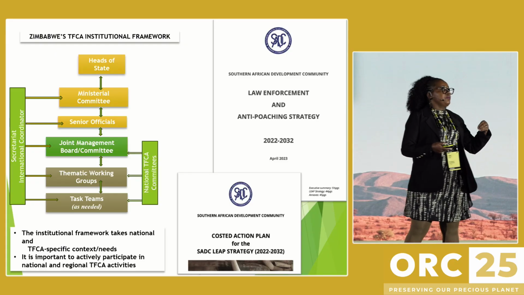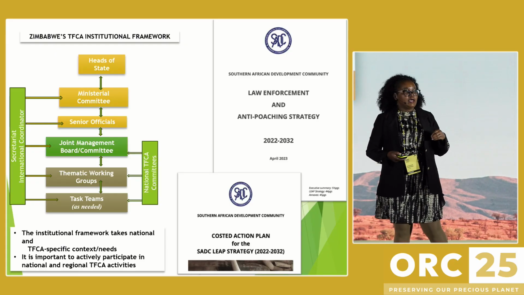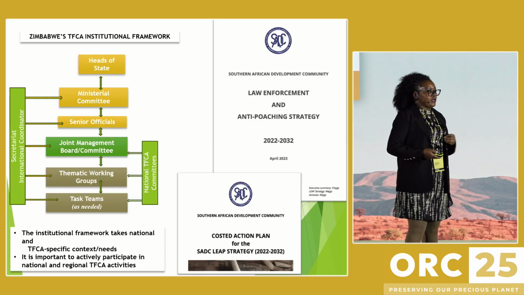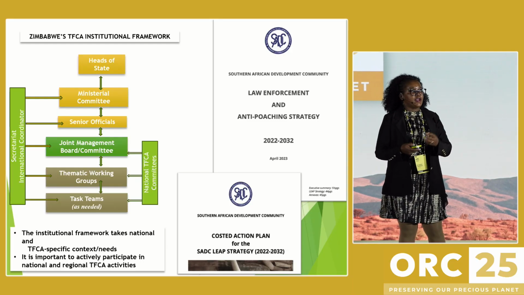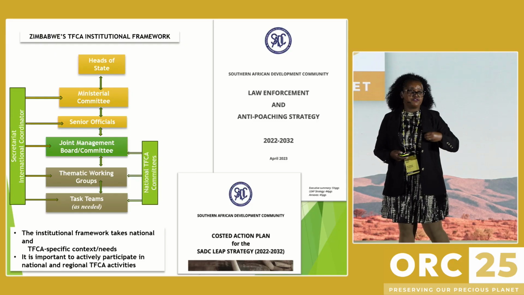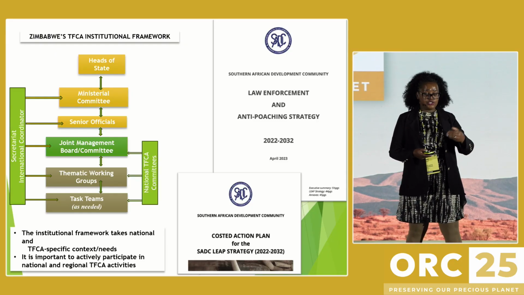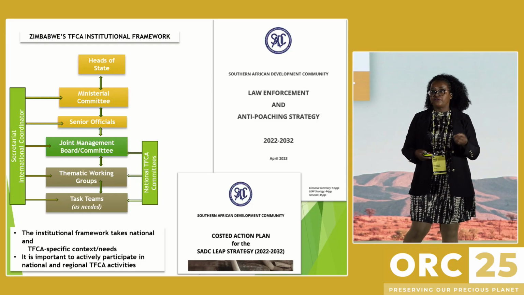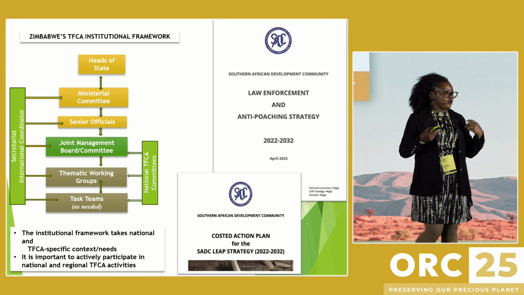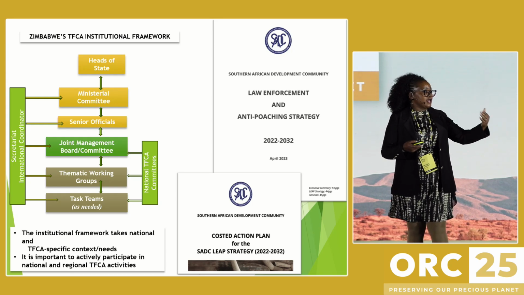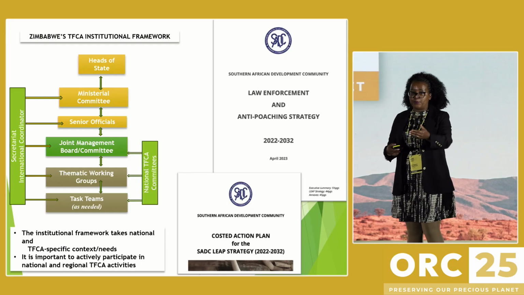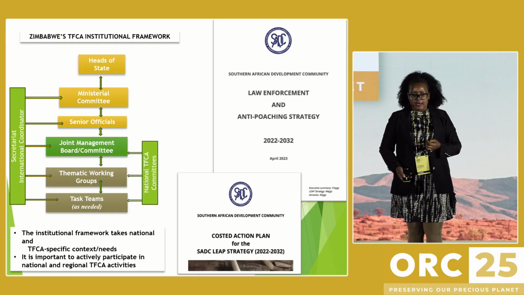But we need to always be asking ourselves and reflecting: what is it that we are doing? How is the institutional infrastructure framed in such a way that we are able to effectively meet our national and also regional obligations? We've got the approved SADC law enforcement and anti-poaching strategy, which also has requirements and reporting obligations.